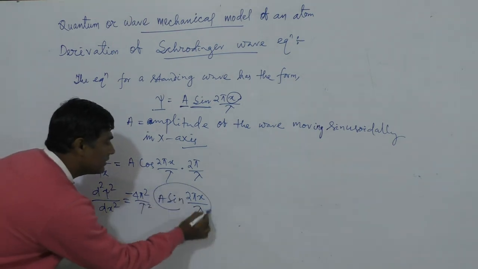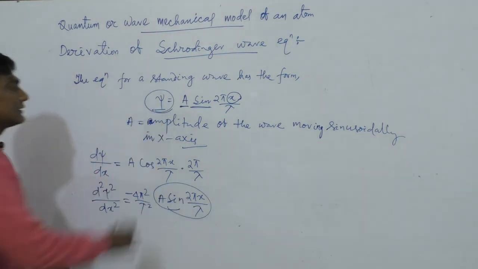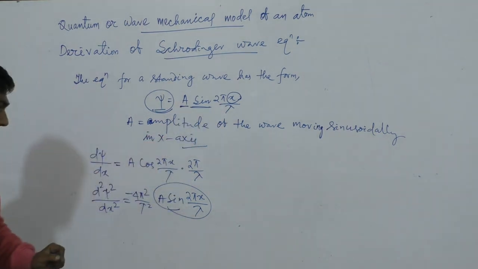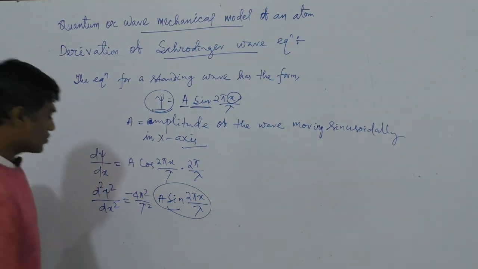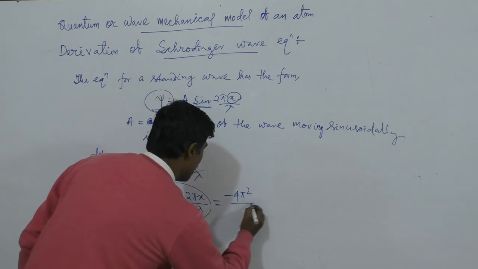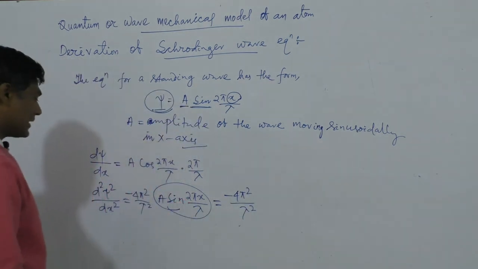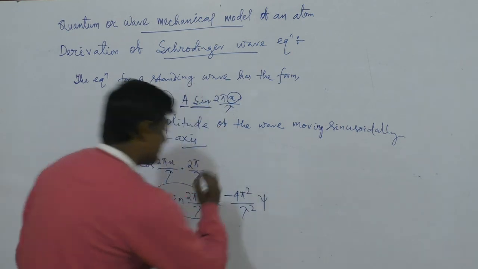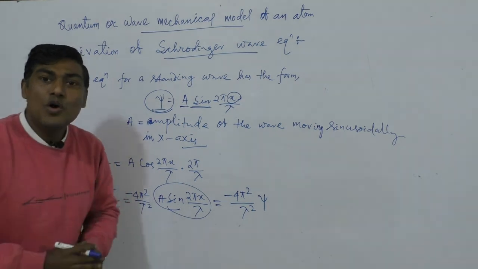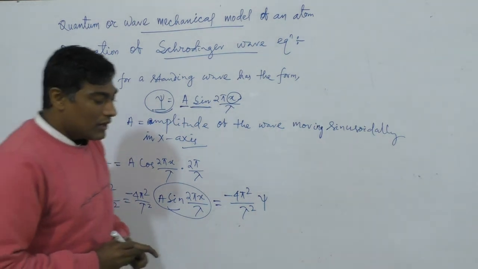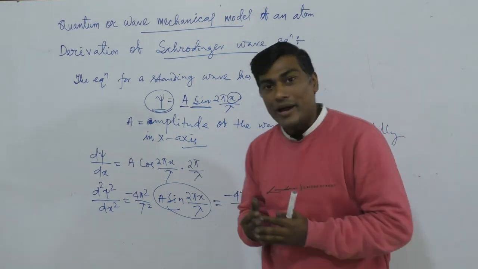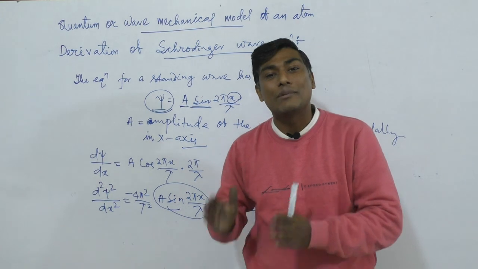This is nothing but the psi. So let us write this A sine 2 pi x by lambda to be psi. So this will give you d square psi by dx square equal to minus 4 pi square by lambda square psi. Let us now get the value of 1 by lambda square, because when we go further we will have to substitute for 1 by lambda square.